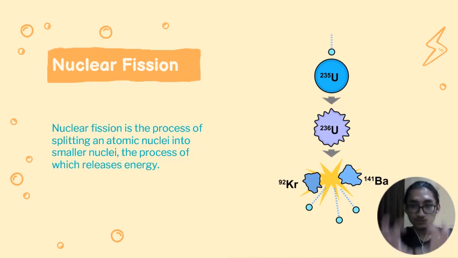The effort of splitting it into smaller nuclei generates energy. This energy is then used to heat up the water. To boil the water, the fission needs to occur continuously to release a constant stream of energy which will constantly heat up the water.